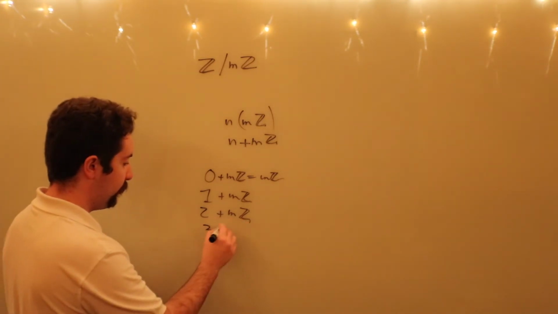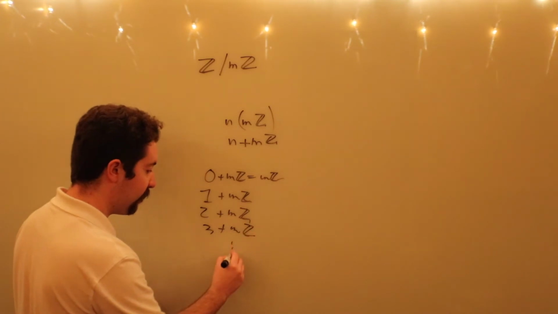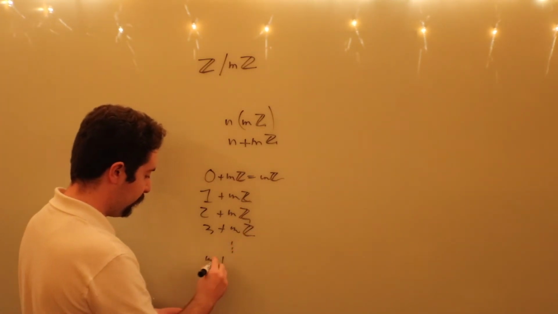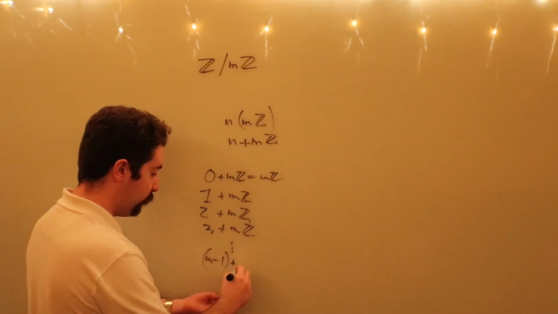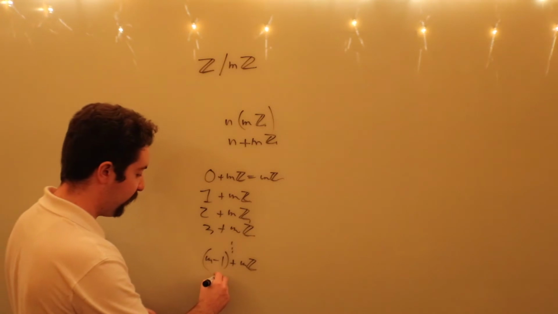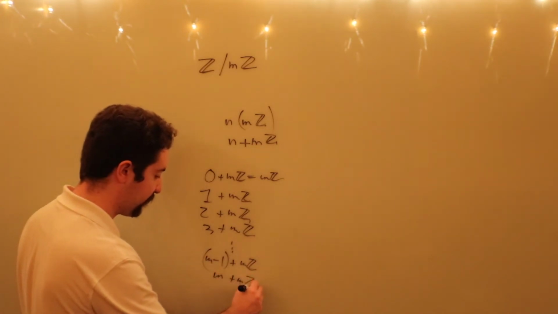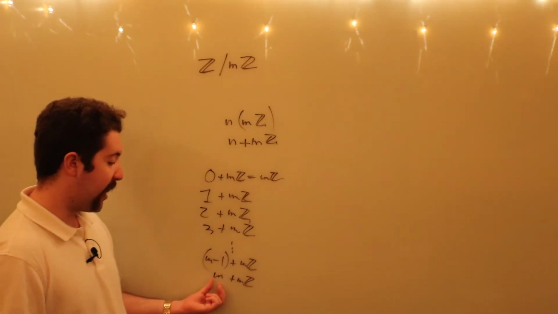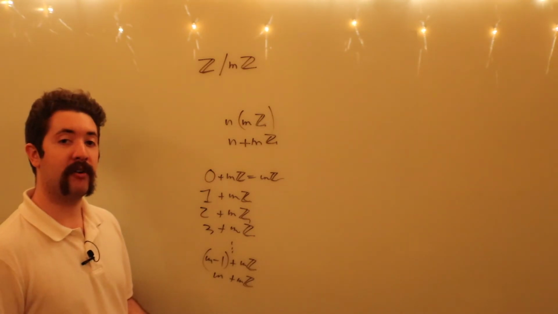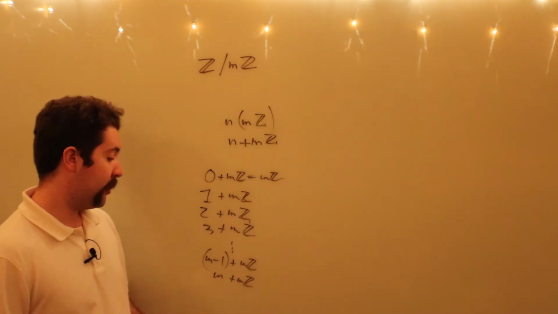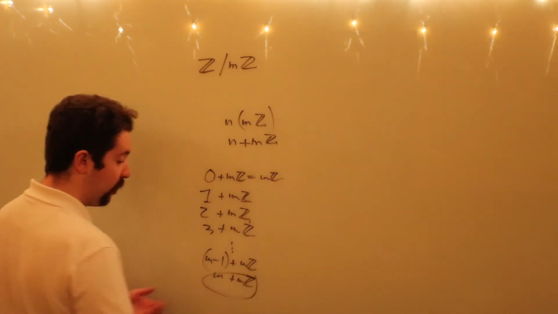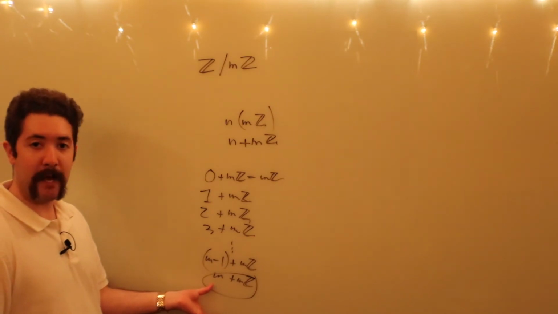This is going to be all numbers in the integers which are exactly 2 more than all the multiples of m. 3 plus mZ, etc., until we get to m minus 1 plus mZ, right? And this is going to keep happening. But then once we hit m plus mZ, what's going to happen? Well, adding m to every multiple of m in the integers is just going to give you another multiple of m in the integers, which means this coset is unchanged by adding a multiple of m.